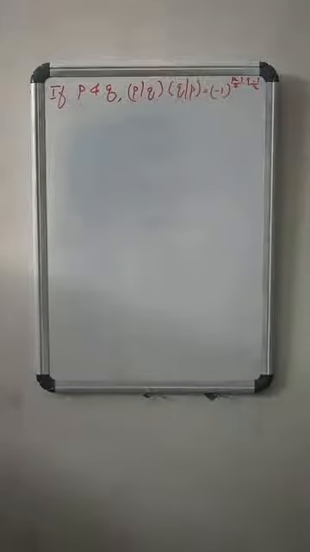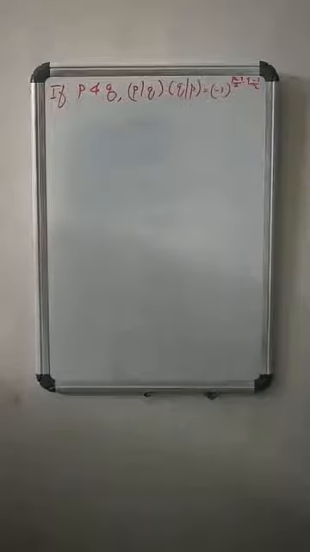This is the quadratic reciprocity law. It's an important result. For any distinct odd primes p and q, (p/q) times (q/p) is minus 1 to the power (p minus 1)/2 times (q minus 1)/2.